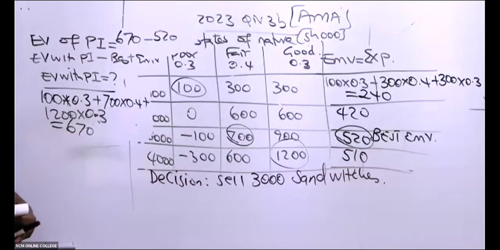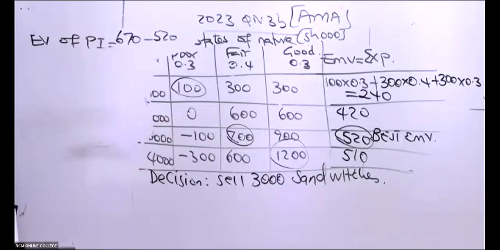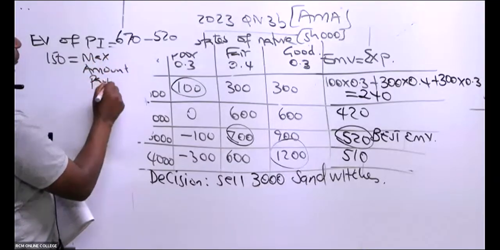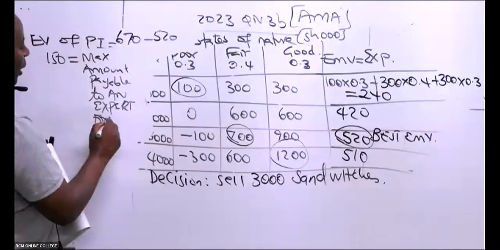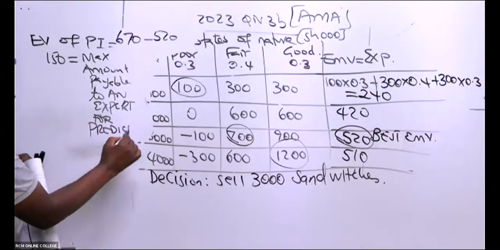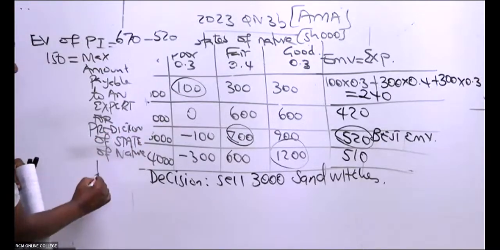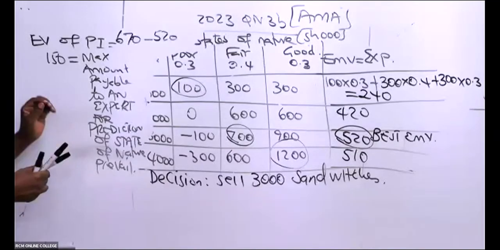For you to understand what this 150 stands for, you will write that the 150 is the maximum amount payable to an expert for prediction of the state of nature that will prevail.